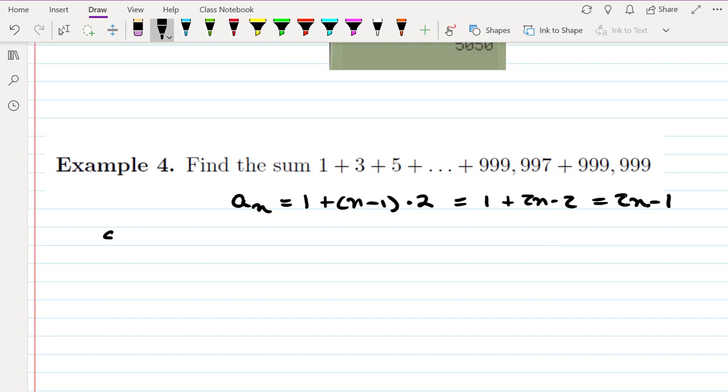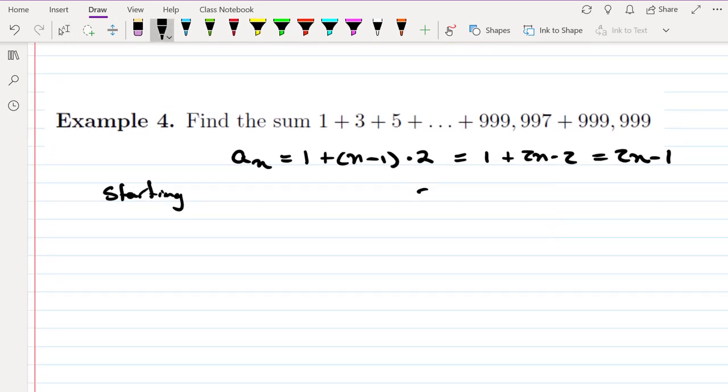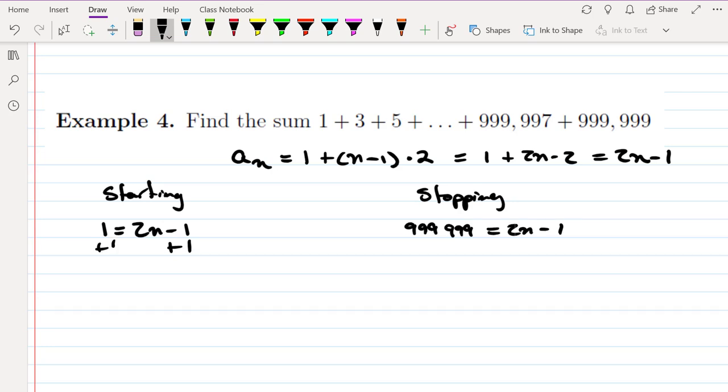So now we need our starting value and our stopping value. So our first term is 1, and then we have 2n minus 1, and our stopping term is 999,999 equals 2n minus 1. So we add 1, we add 1, we get 2 equals 2n, divide by 2, divide by 2.